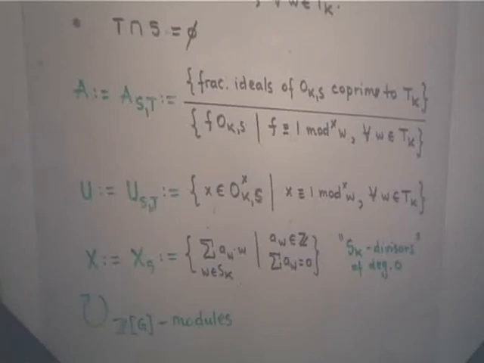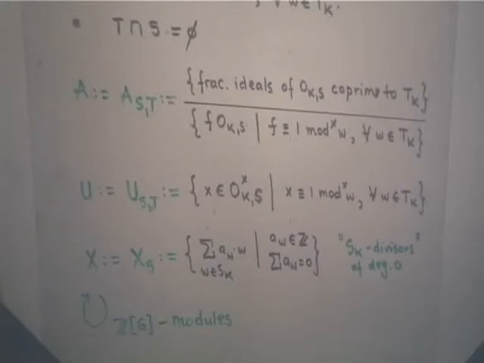Again, this depends on S. It doesn't depend on T, but I'll even drop S from the notation, so this will be referred to as X in what follows, just for simplicity. Please note that all these objects, A, U, and X, come endowed with a Z[G] module structure. G acts on them. They are, therefore, Z[G] modules.